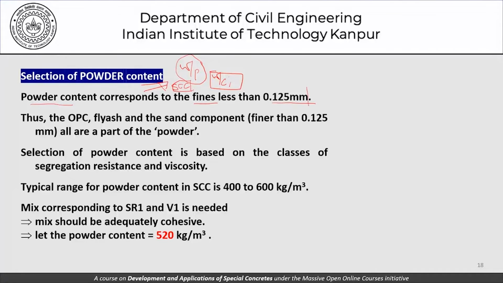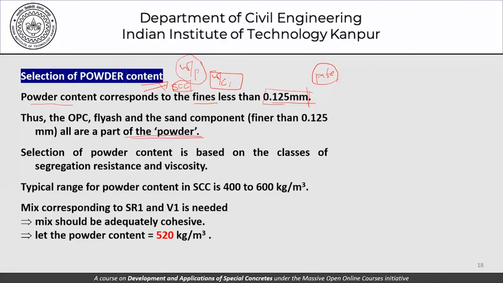This is a matter of convention, and we say that so long as the powder that is being used is less than 0.125, it will all contribute towards the paste content as far as that concrete is concerned. So now OPC, fly ash, and the sand component finer than 0.125 will all be a part of powder.